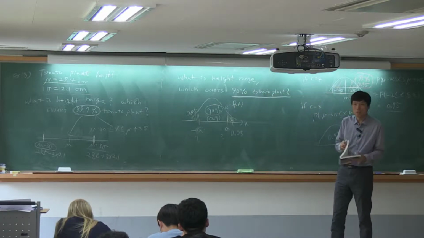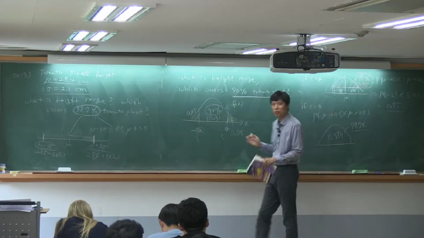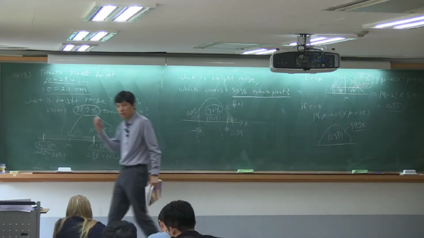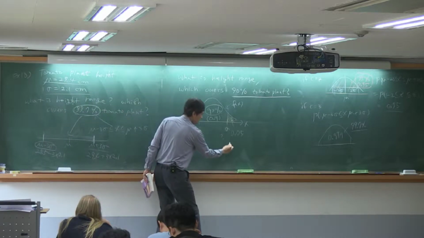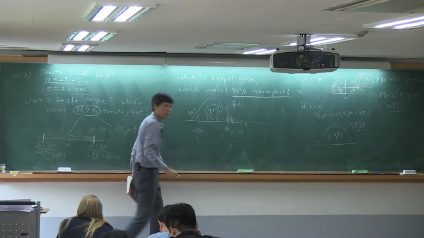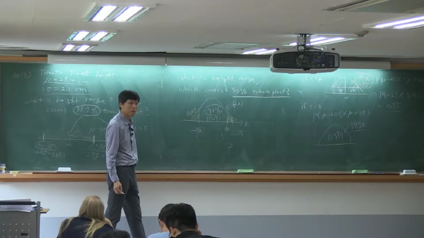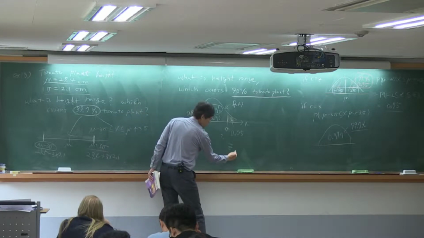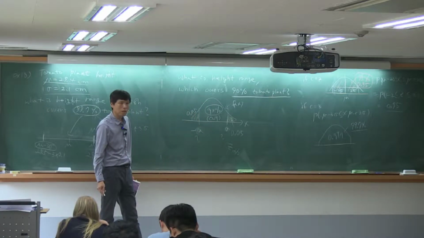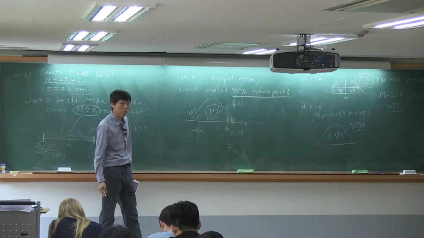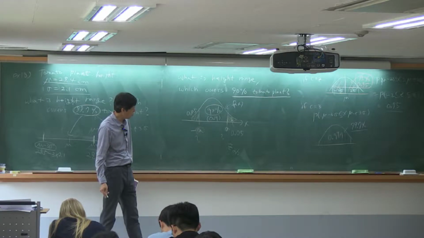To solve this question, you have to know the critical point. At the beginning of this class, we wrote this: z alpha half, alpha divided by 2.